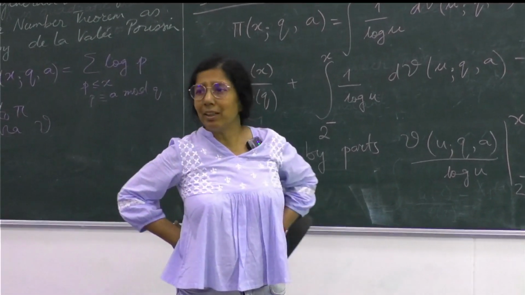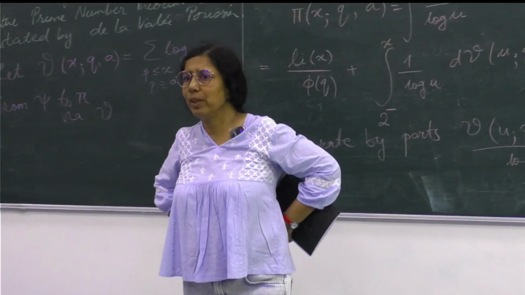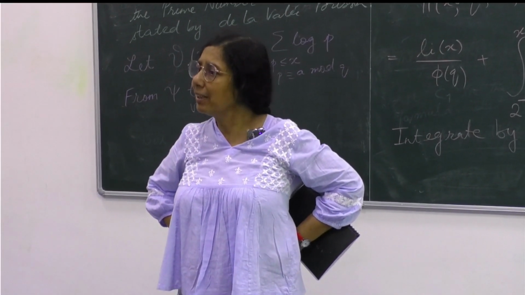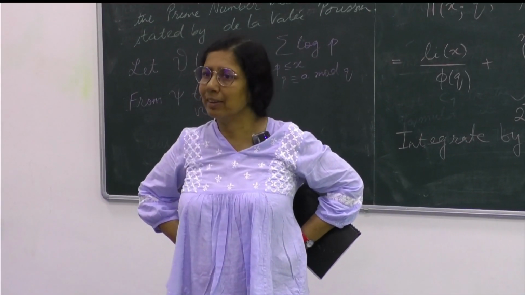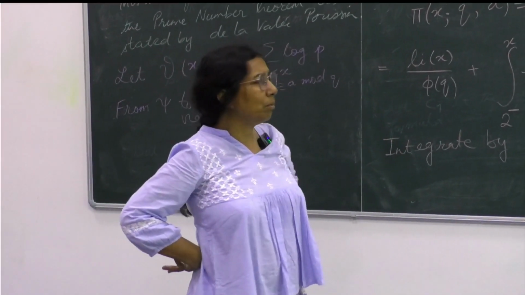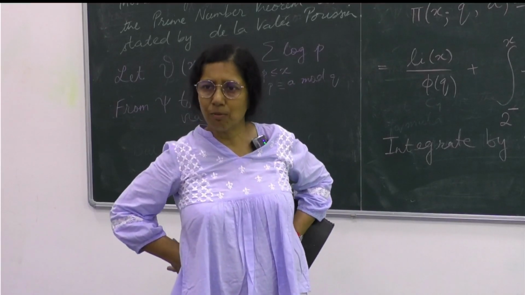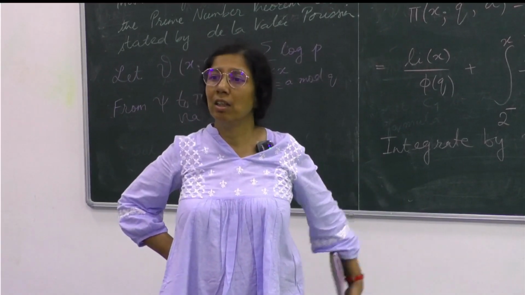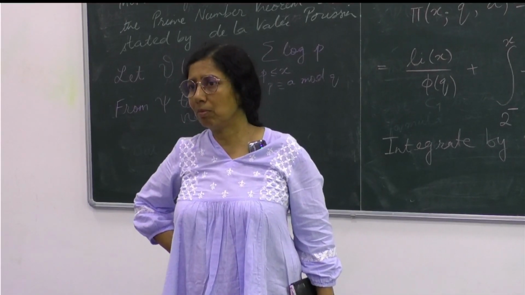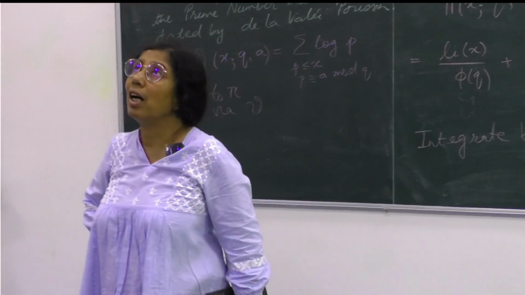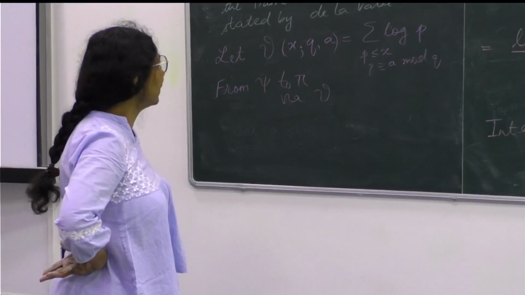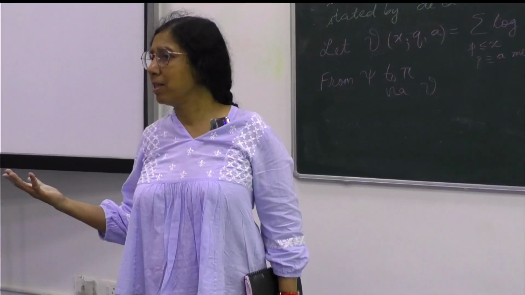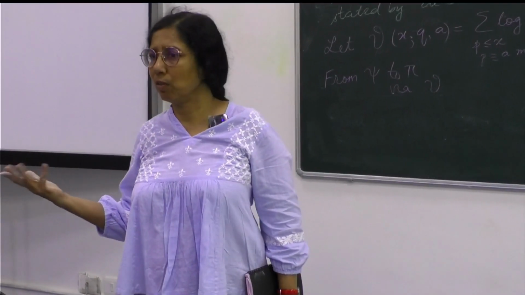If we take some conditional results, that is, if we assume, for example, the generalized Riemann hypothesis, then things will become nicer. We can do a little bit of that as exercises this afternoon. These will be conditional, either for the explicit formula or for the prime number theorem. Okay. And we can do a few such questions in the afternoon.